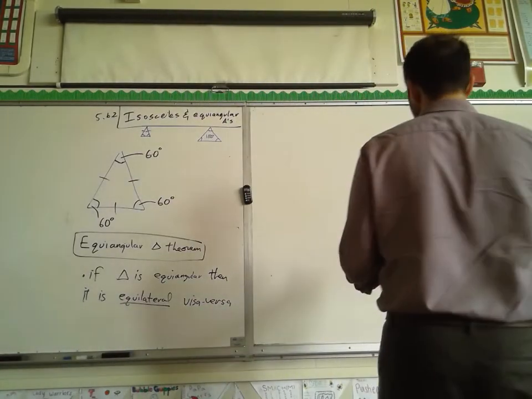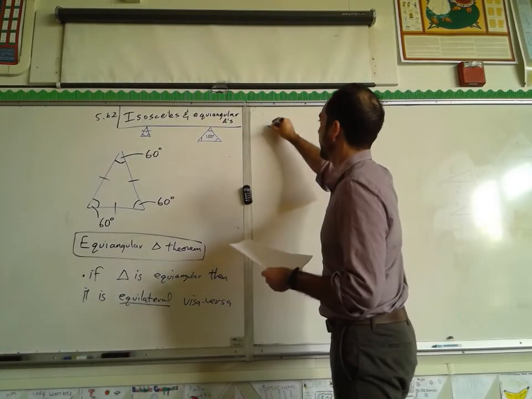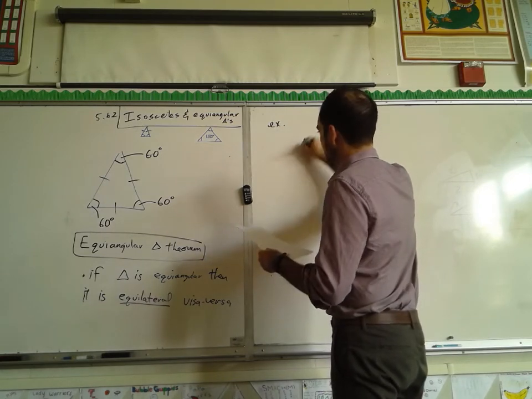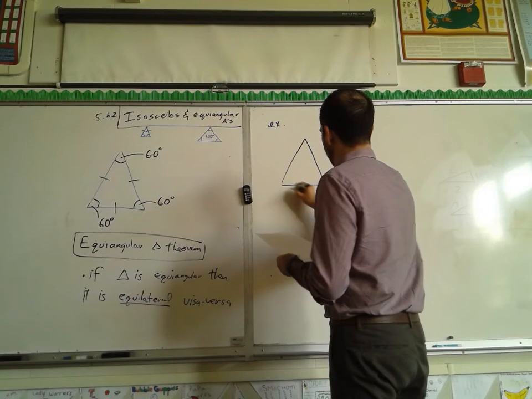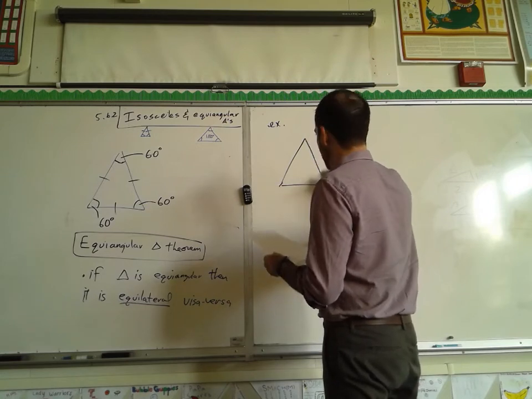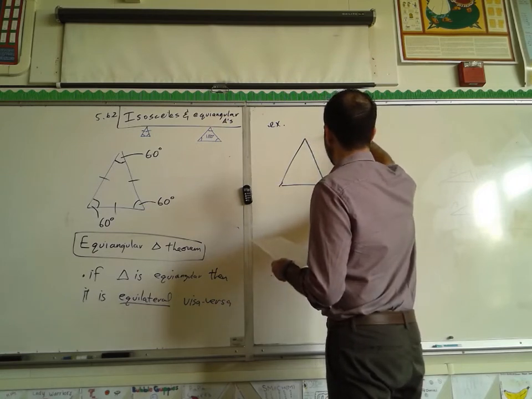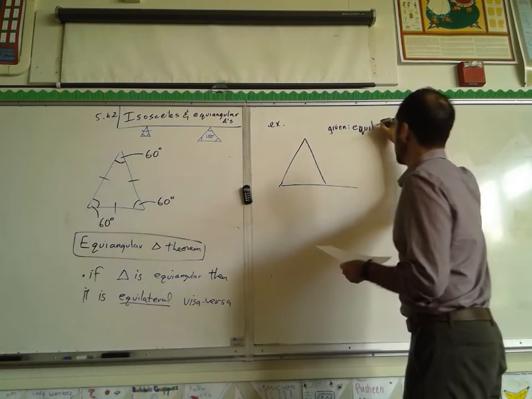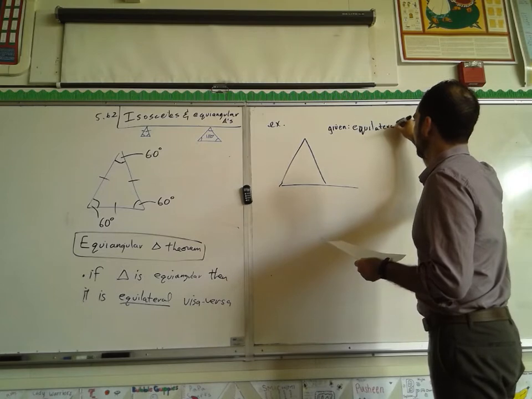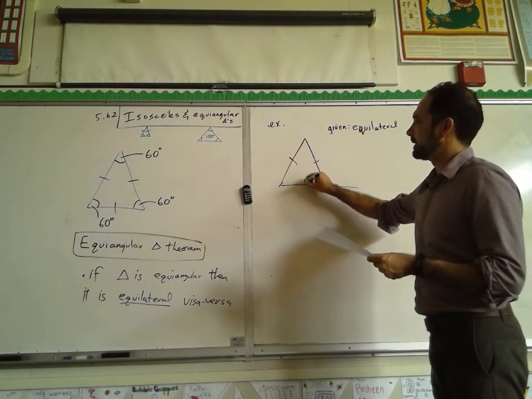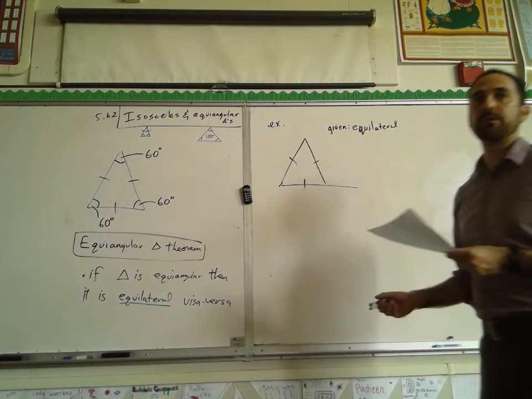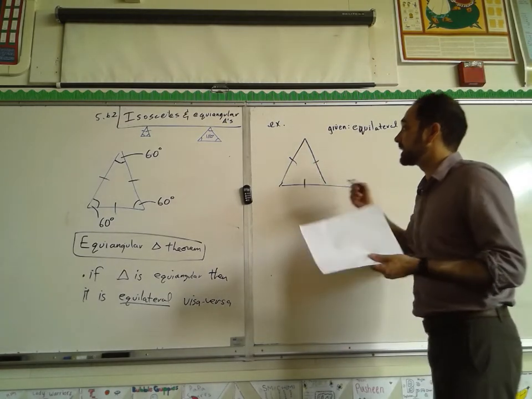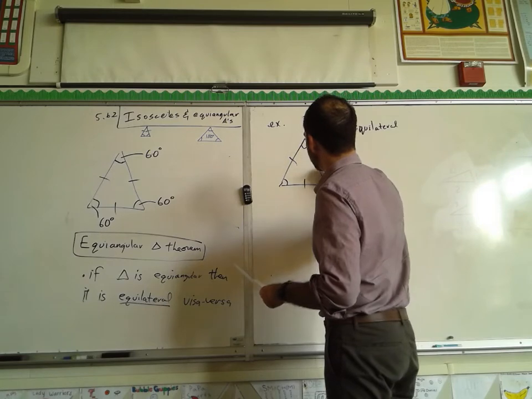All right, we're back, and here's the sample, our example problem for equiangular equilateral. So we're going to have a situation here. And we're just given that this is equilateral. So, okay, we know that all the sides are the same. So what do we know about the angles? If the sides are all congruent, then the opposite angles have to be the same as well.